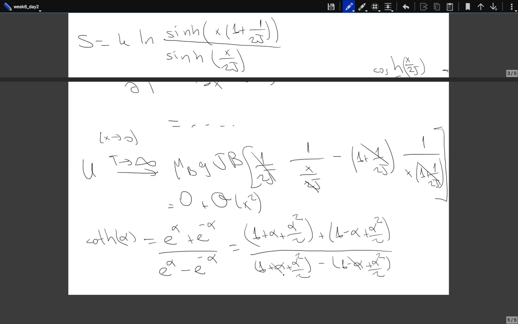Well, these alphas will cancel in the denominator, just the other way around. Plus alpha and minus alpha will cancel in the numerator. Here, 1 and alpha squared over 2 will cancel in the denominator. So this just brings a factor 2 over here. This term brings a factor 2 over here. 2's will also cancel. So this is 1 over alpha plus alpha over 2. This is what the cotangent hyperbolic is.